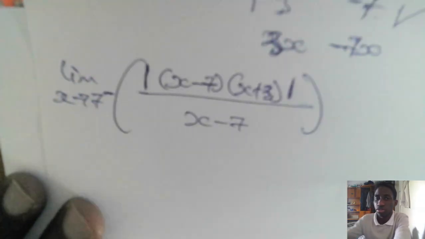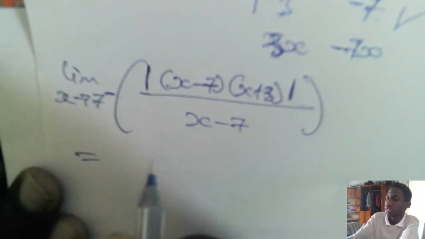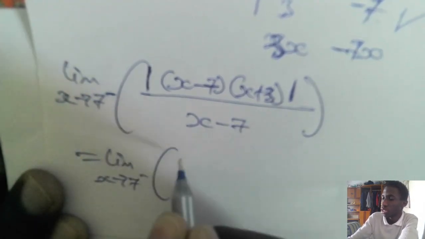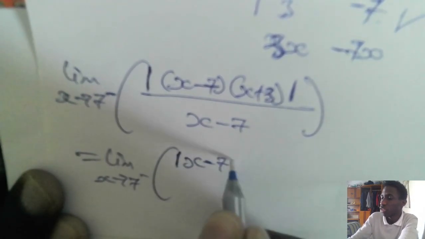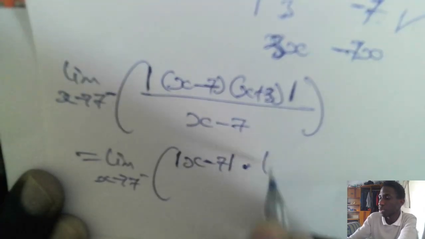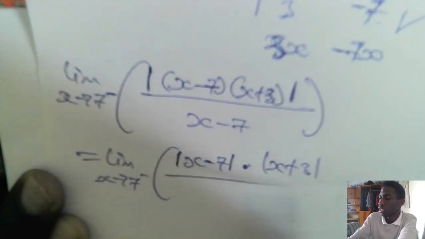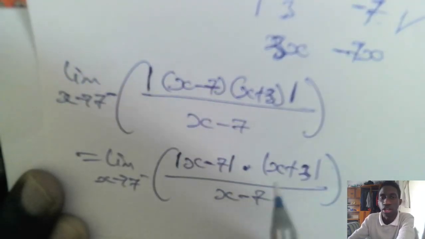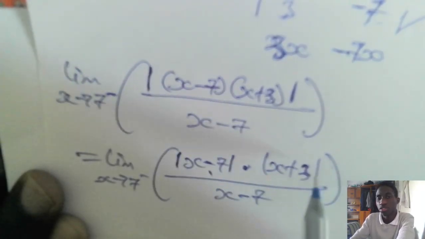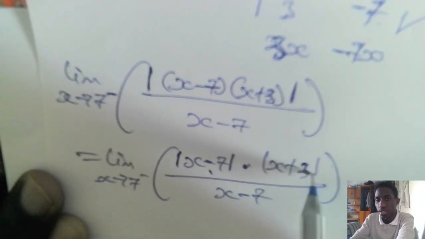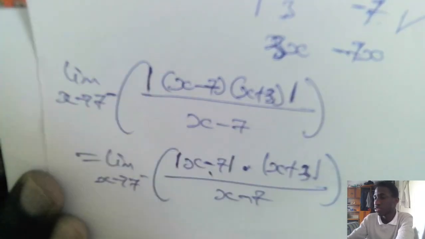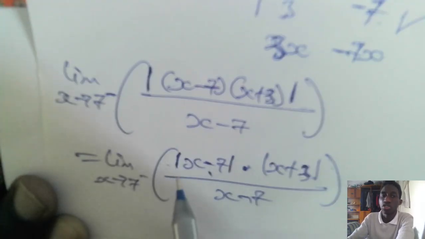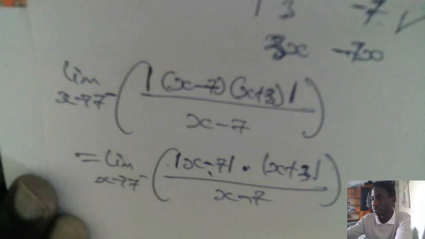We can move on, further simplifying this, as we did in the previous video, breaking this down to absolute value of x minus 7 multiplied by absolute value of x plus 3 divided by x minus 7. Then we also have to consider the signs here.